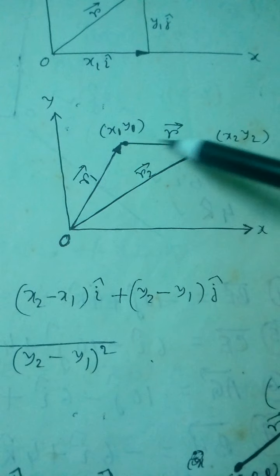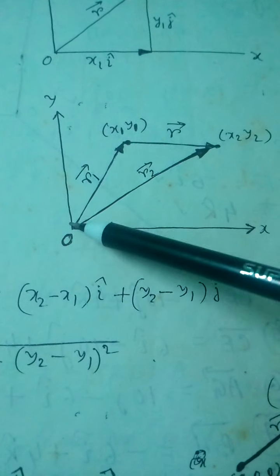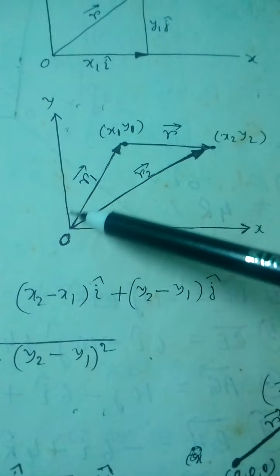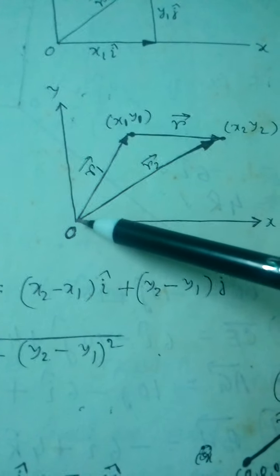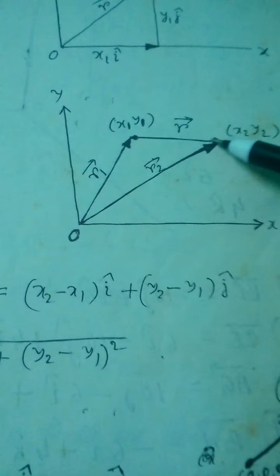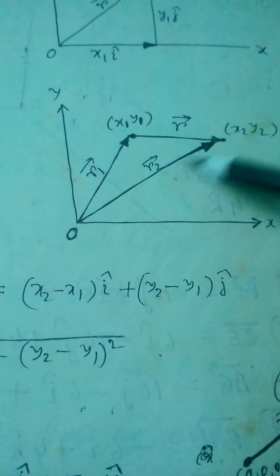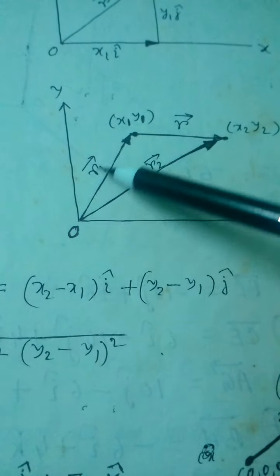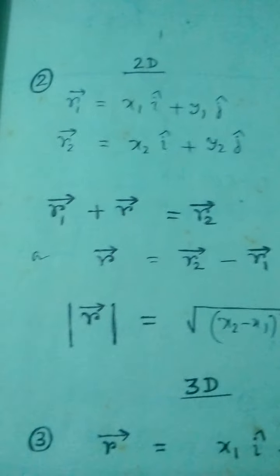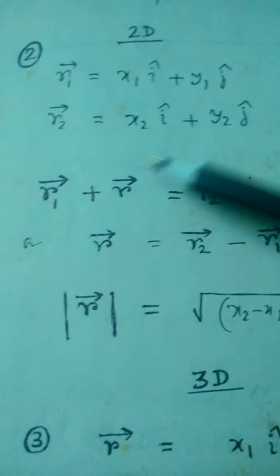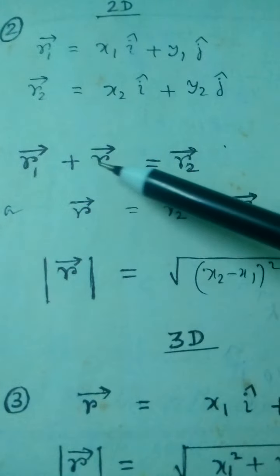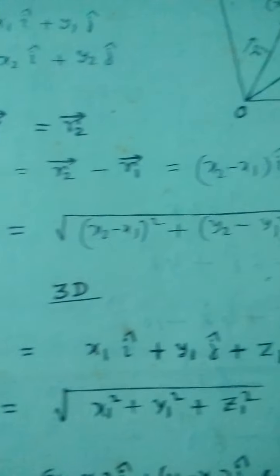So what is this vector? This vector is nothing but this vector minus this vector. You know, na? Because this vector plus this vector is equal to this vector. Okay, so this vector will be equal to this vector minus this vector. This we have done it.